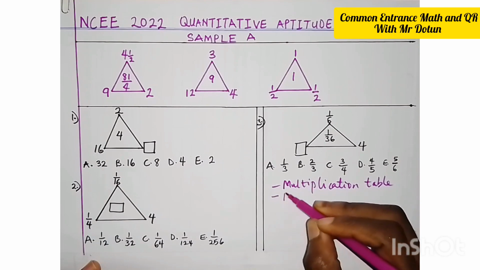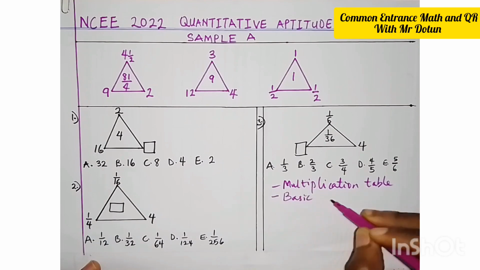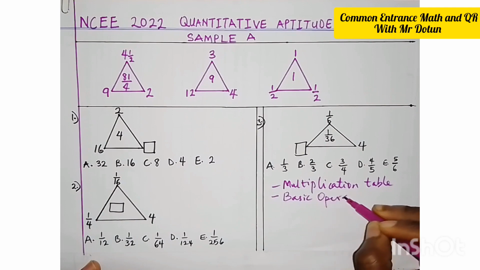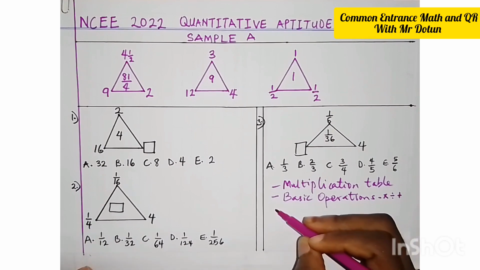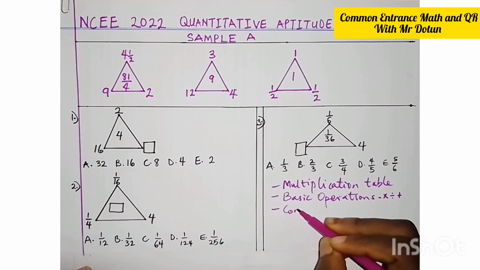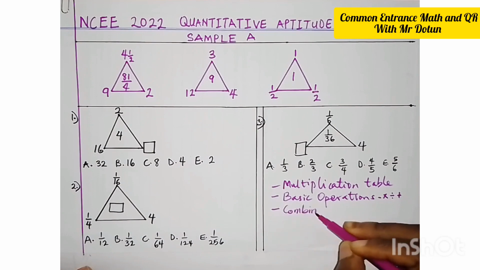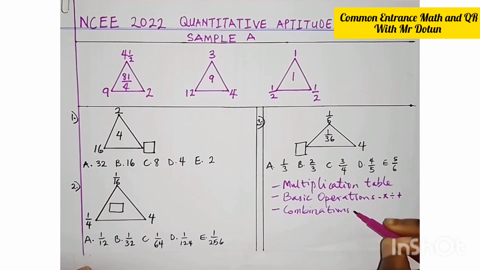Also, an understanding of basic operations: addition, subtraction, multiplication, and division. The ability to do these things will really help you with your quantitative reasoning. Then another thing is what I call number combinations. The number combinations are from your basic operations.